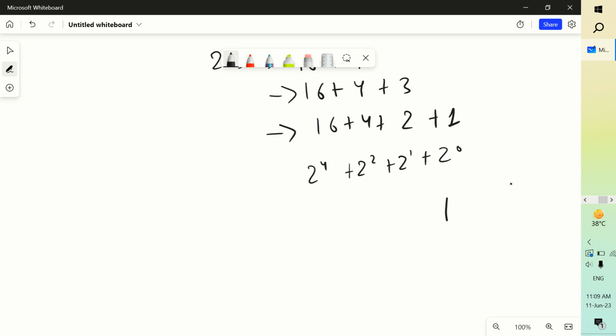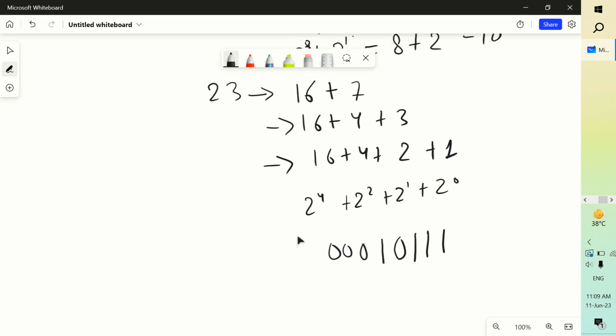At place 1 we will write 1. At place 2 we will write 1. 2 raised to the power 3 is not there, so at place 3 we will write 0. 2 raised to the power 4 is there, so at place 4 we will write 1, and after that all will be 0 only. So this is how you write 23 in binary form.